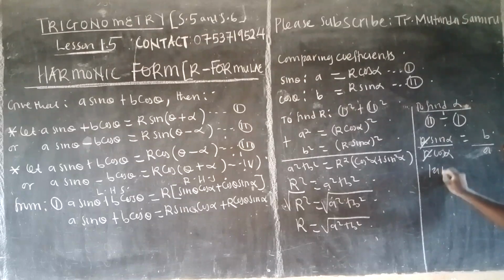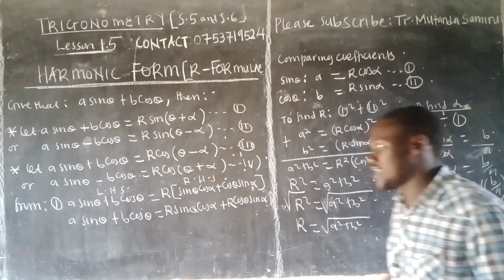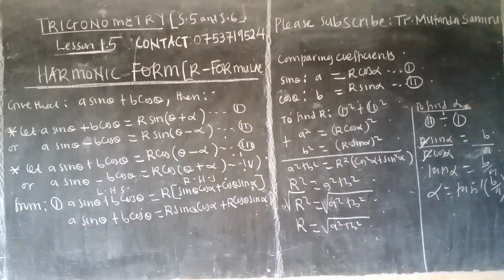Now we shall have tan alpha is equal to B over A. To get alpha, you say alpha is tan inverse of B over A. As simple as that. And that's all about the R formulae.